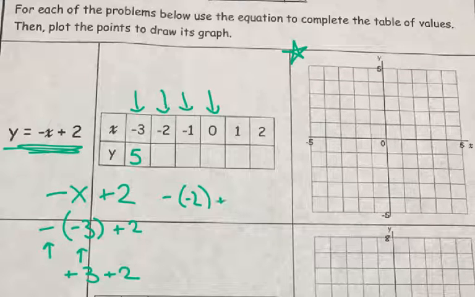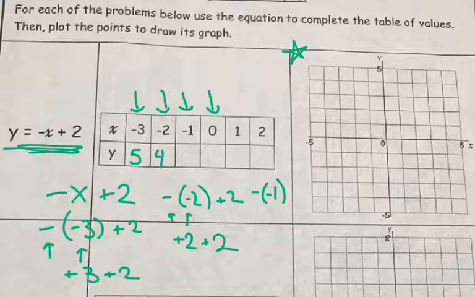Negative 2 plus 2. The opposite of negative 2 is positive 2, plus 2 is 4. Negative 1 plus 2. The opposite of negative 1 is positive 1, plus 2 is 3.